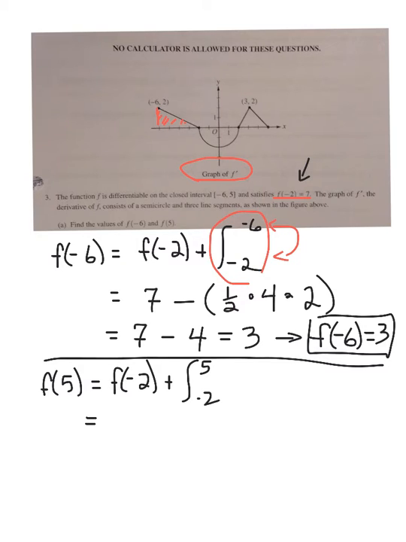Well, I know again f of negative 2 is 7 plus, and now I'm integrating from negative 2 all the way up to 5. That means I will be finding the area under the curve from negative 2 to positive 2, and then from positive 2 to 5.